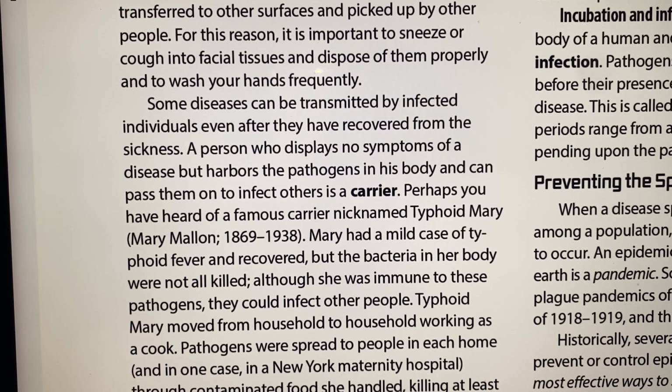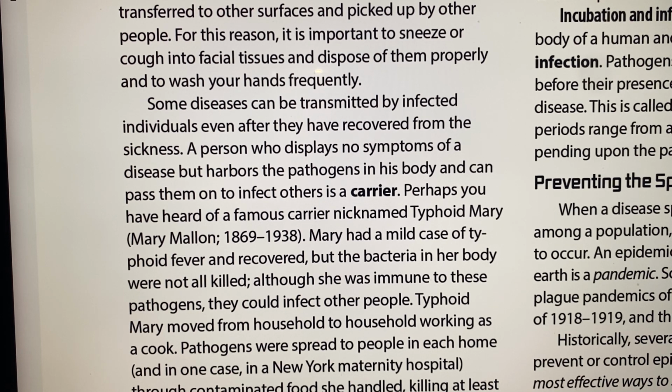She even went into the New York maternity hospital, and tons of people got sick in there. Three people died and scores of others got sick. Finally she was arrested and quarantined for 25 years because she was a carrier of typhoid. That's an amazing story. So you can be carriers of certain diseases, especially typhoid.